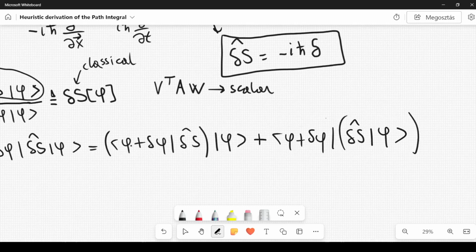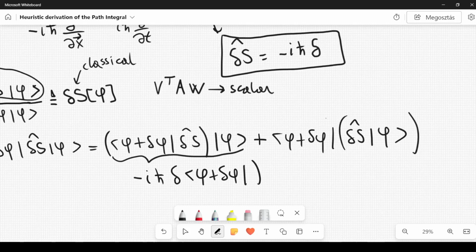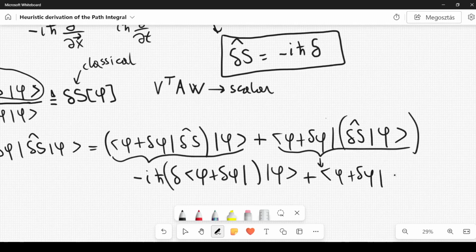So delta S acting on phi plus delta phi, you can guess that from here, because when you act with delta S on a state, you have to consider a small change in the state, which means that we can rewrite this as minus i h bar times the change in the bra vector phi plus delta phi, and then you get plus phi plus delta phi, and here similarly you get minus i h bar, which you can also factor out if you want, and you have to evaluate the change in phi.